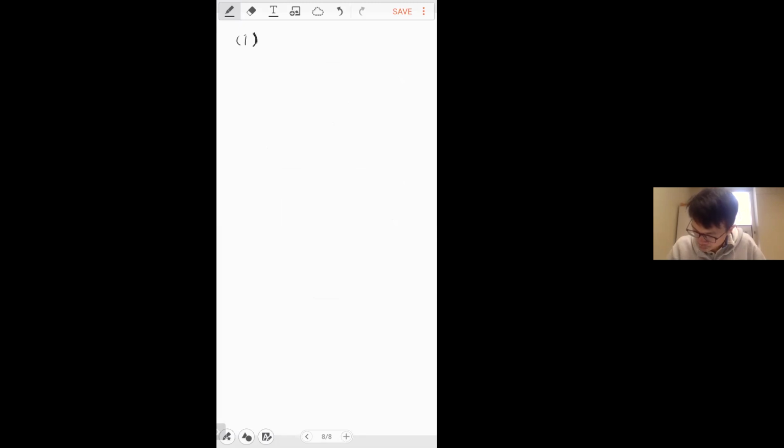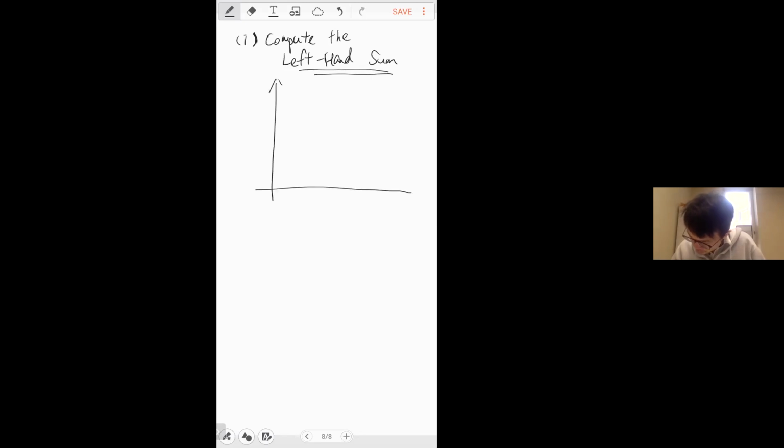There are 2 parts of the question. The first part is I want to compute the left-hand sum using 3 rectangles. Then I'm going to redraw the graph again.